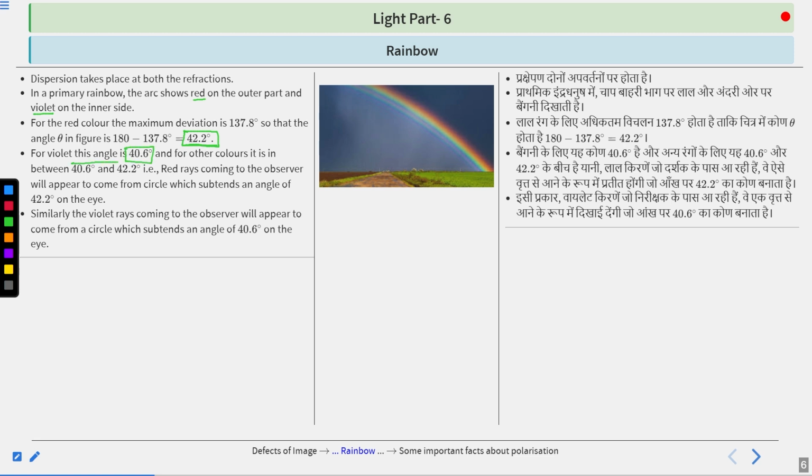For other colors it is nearly 40.6 degree to 42.2 degree. That's why this is the violet, this is the red and all others fall between them. So we see the violet on the inner side, the red on the outer and other colors midway between these. Got it?